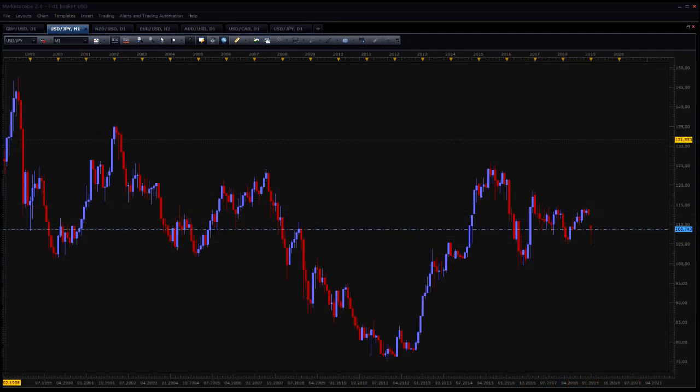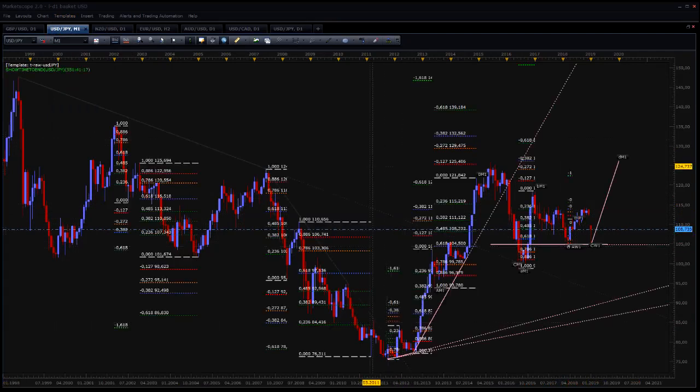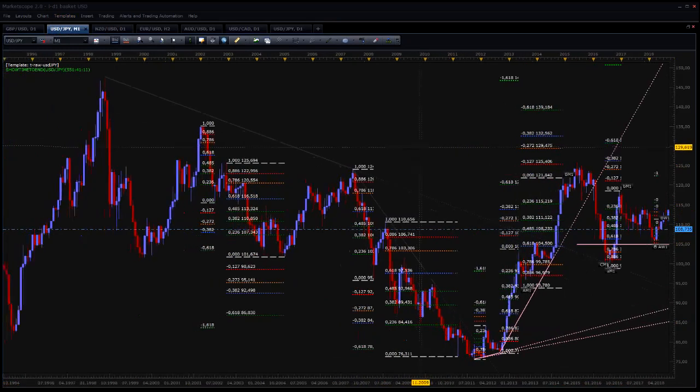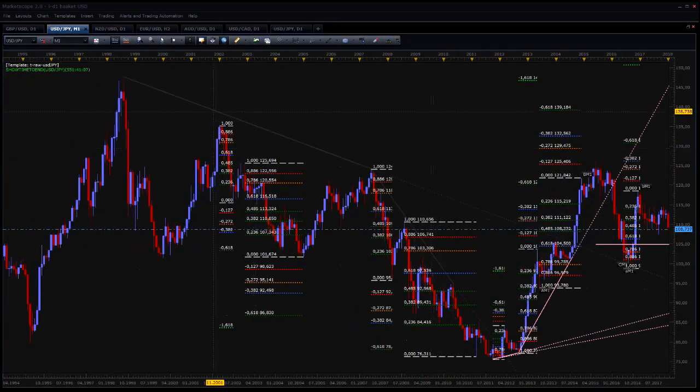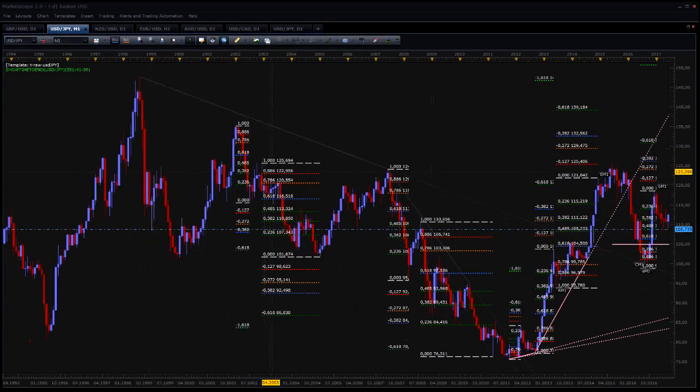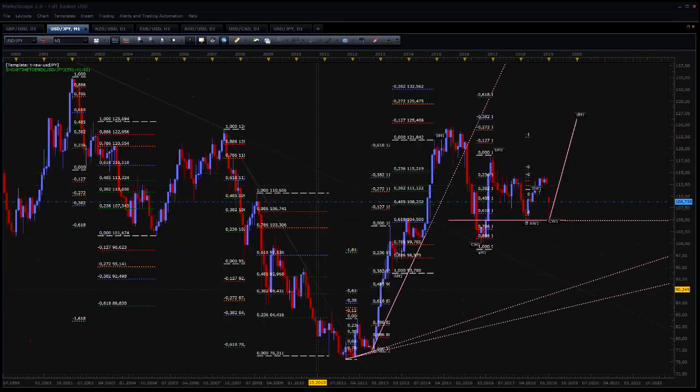Oh, dollar yen. Okay, bam. Right. So it was a downtrend, wave down, broke through the inner downtrend line, short-term downtrend line, even though this is monthly, it's a long-term downtrend line.